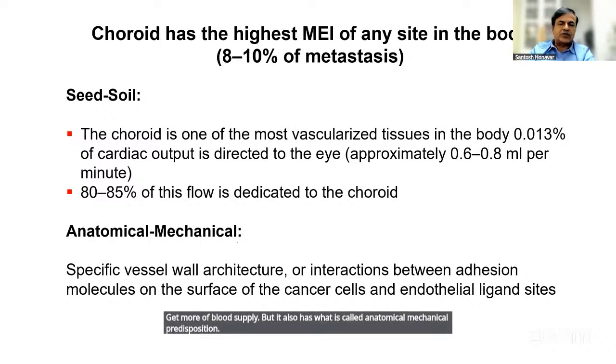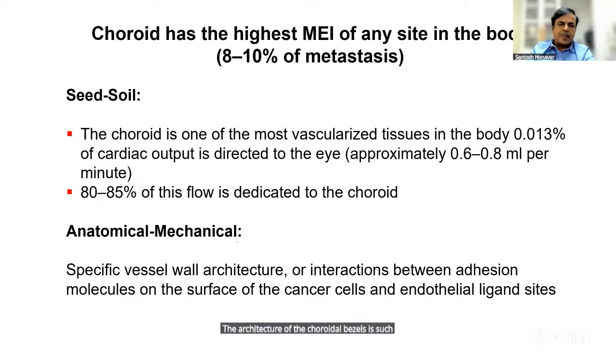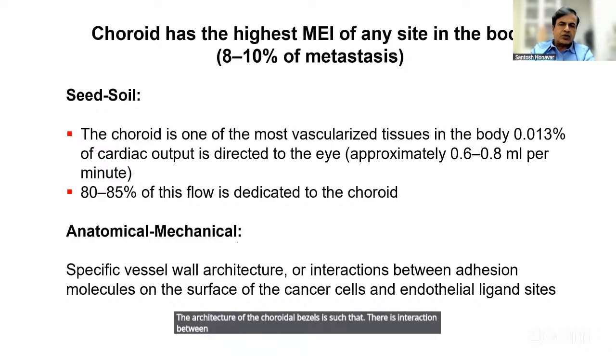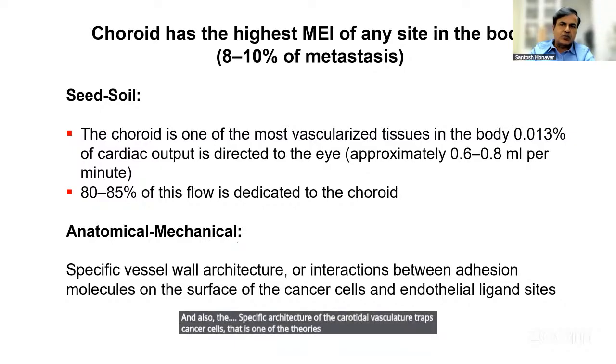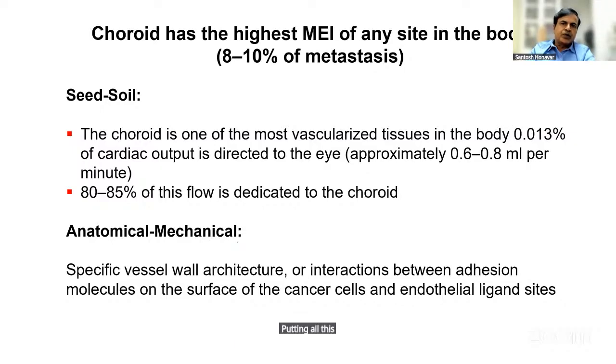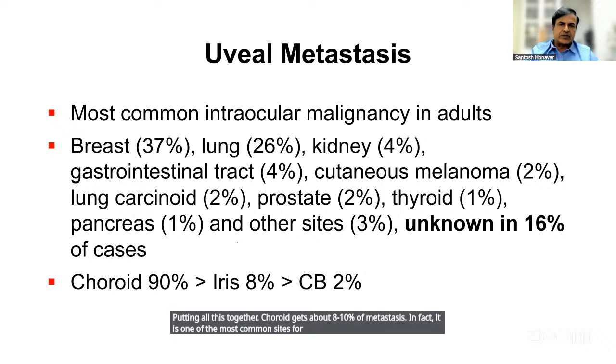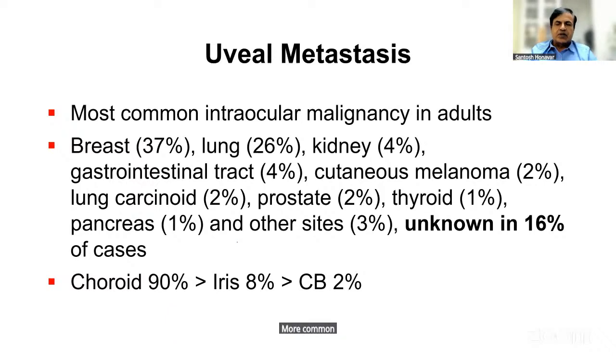The architecture of the choroidal vessels is such that there is interaction between adhesion molecules on the surface of the cancer cells and the endothelial ligand sites, and also the specific architecture of the choroidal vasculature traps cancer cells. That is one of the theories. So putting all this together, choroid gets about 8 to 10% of metastasis. In fact, it is one of the most common sites for metastasis, more common sometimes than lung and bone, which are other two most vascular organs.